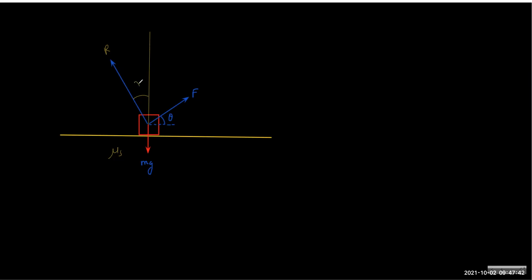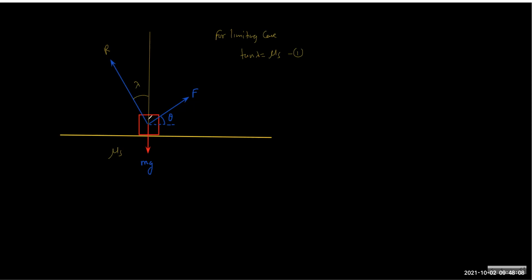This is, let's say, lambda, and if it is really the limiting case, because the block is about to move, then we know that tan lambda must be equal to mu s. So that's one piece of information. You can just keep it with yourself.